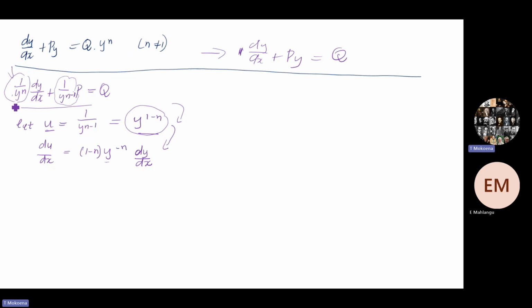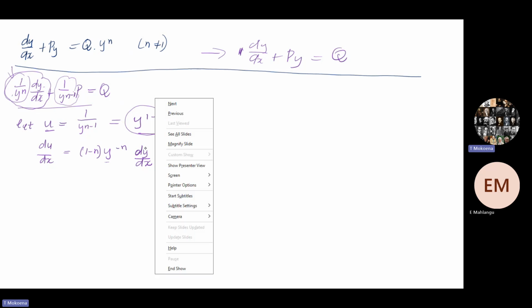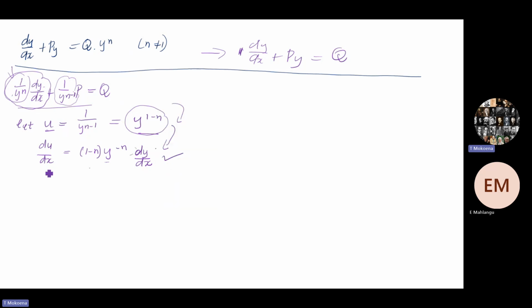So now from this equation, I'm going to manipulate it so that it looks like this thing that I see over here. You see, we have dy over dx. I have dy over dx. Can you see that? I have 1 over y to the power of n. So that means I'm going to have to manipulate this equation to look exactly like that.